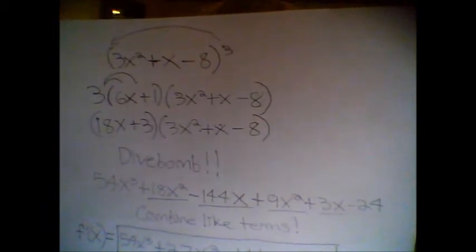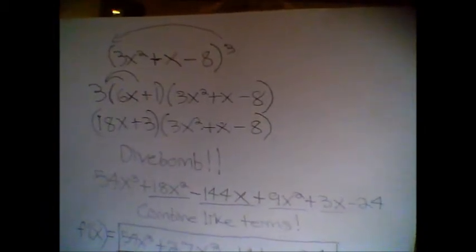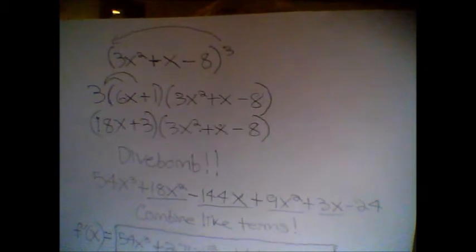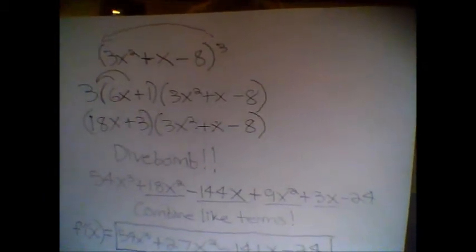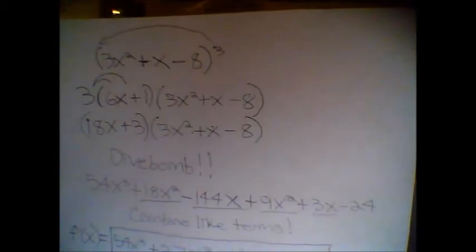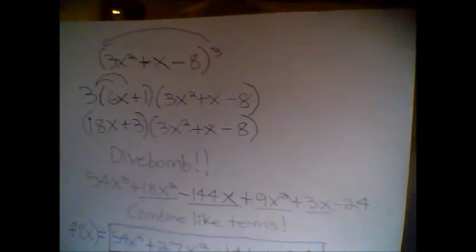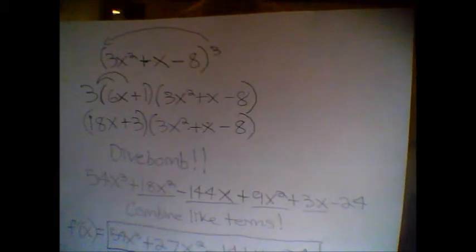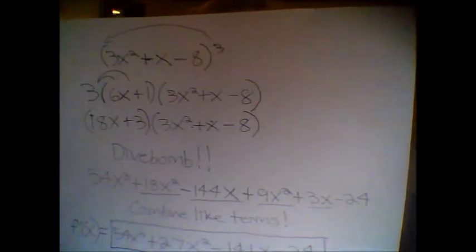Therefore, you have 6x. Then the x just stays the same because you're multiplying it times nothing. And since the negative 8 is on its own and does not have an x with it, it just goes away. So now you're multiplying 3 times (6x plus 1), and then after the derivative, you rewrite the original equation, 3x squared plus x minus 8.